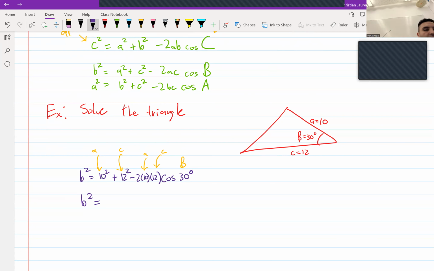And we get b squared equals 36.15. And then from there, we just square root both sides. Little b equals about 6.01.